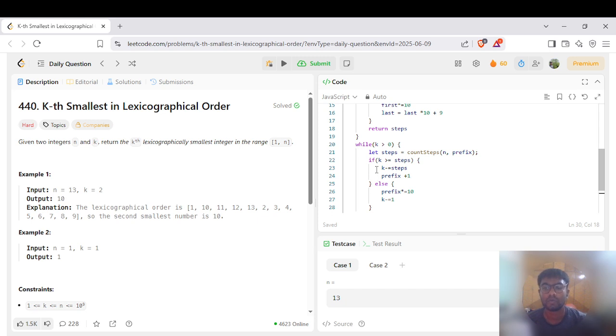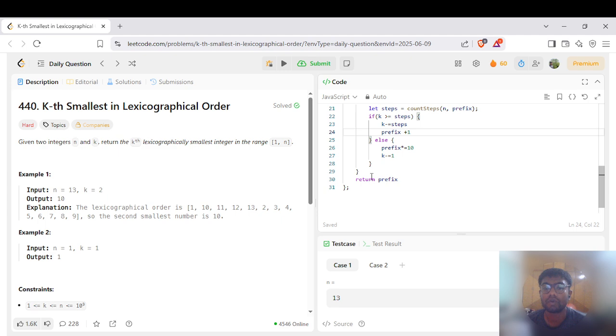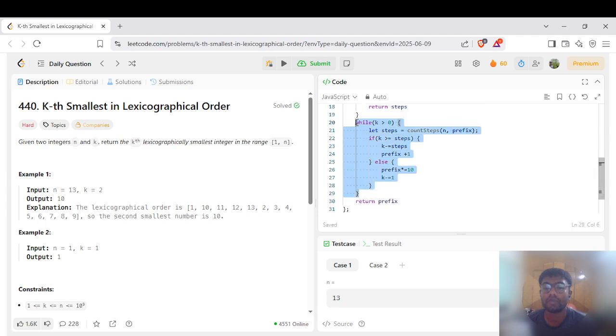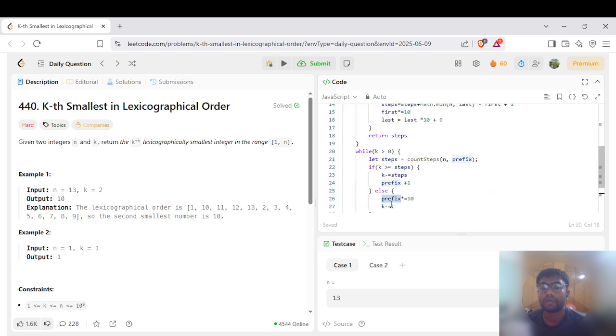So if we need to understand what's going on here, this is the main piece where we continuously check until k is greater than 0, and we return prefix, which would be our final output.